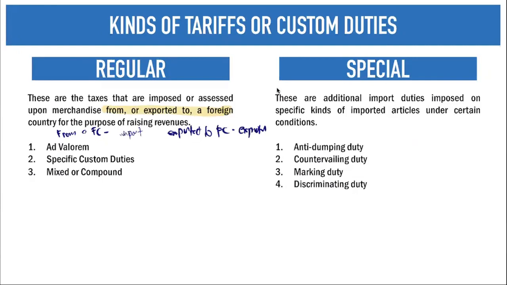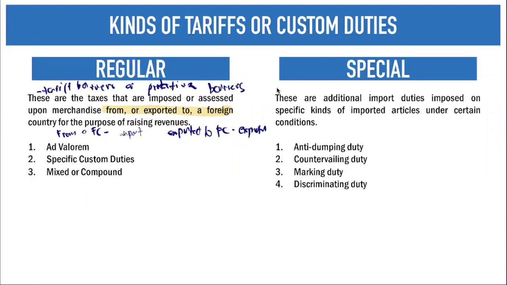Sometimes they are considered tariff barriers or protective barriers. So we call your regular tariffs tariff barriers or protective barriers. Why is it called tariff or protective barriers? Because they are imposed to prevent the entry of the merchandise here in the Philippines.